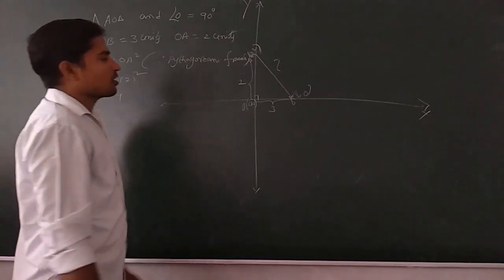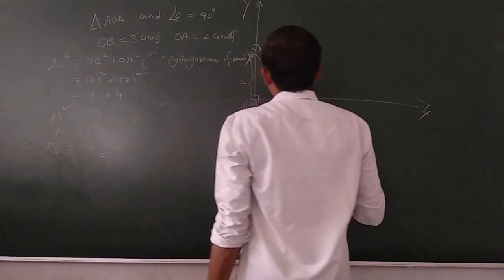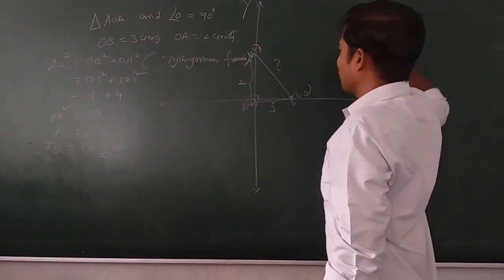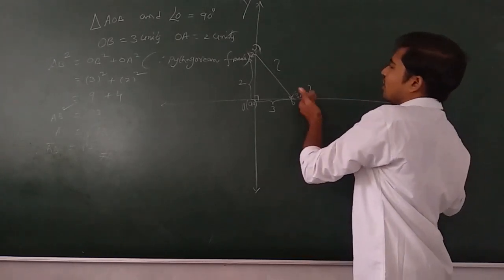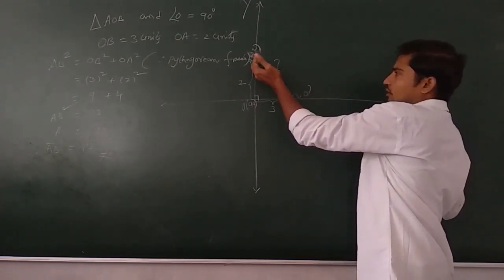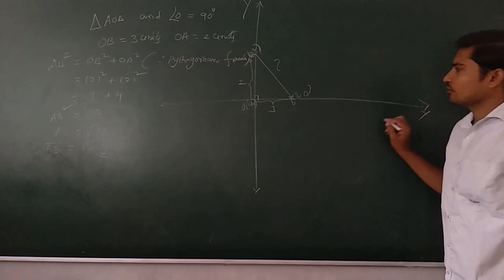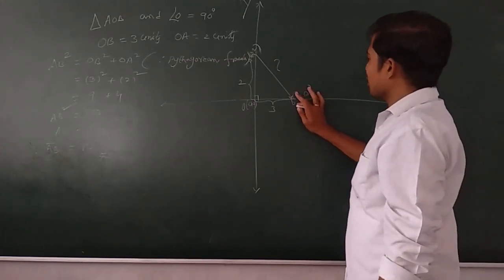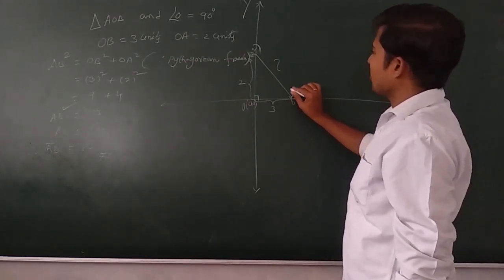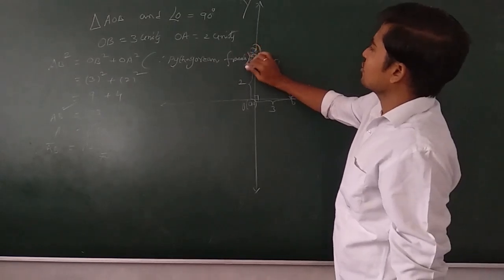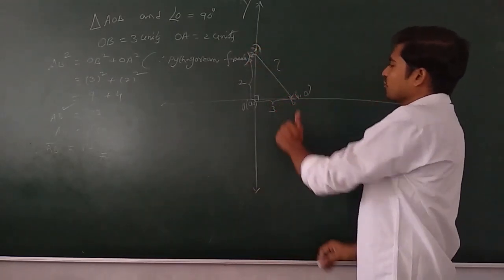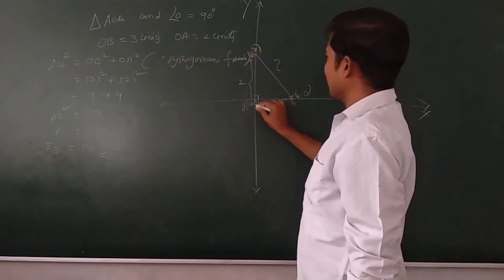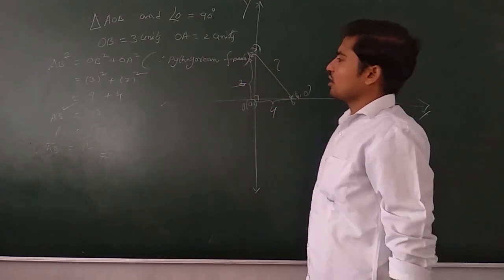Otherwise, take one more point, 4 and 3. Take it as 4 comma 0. This is 0 comma 3. Then this becomes 4 and this becomes 3.